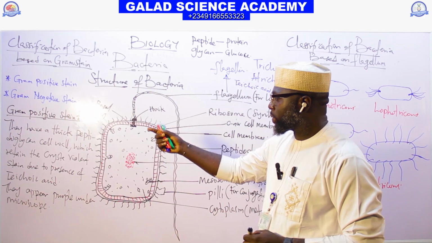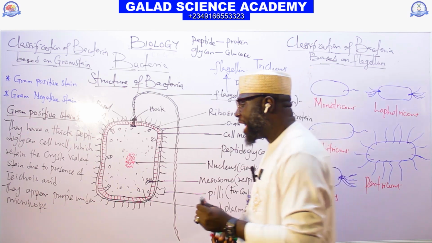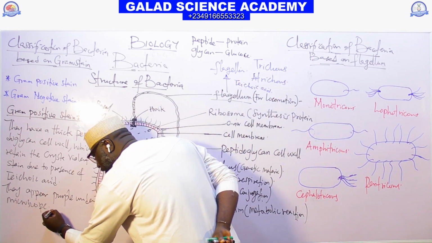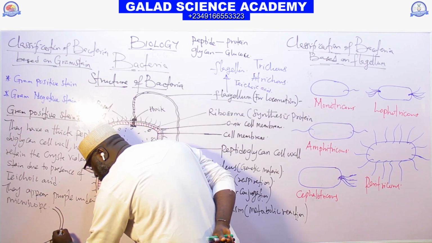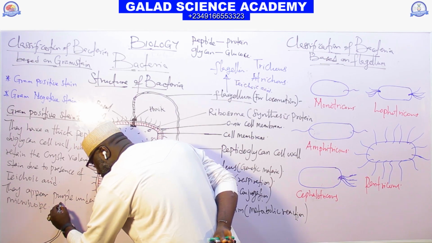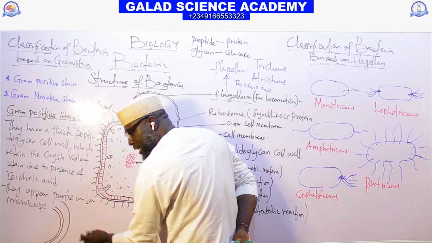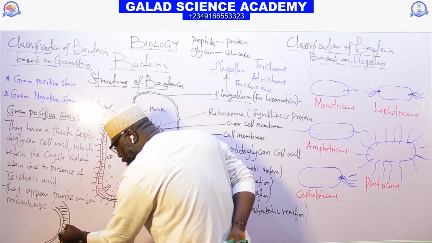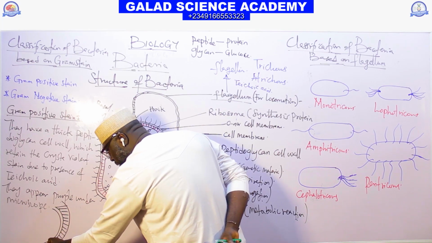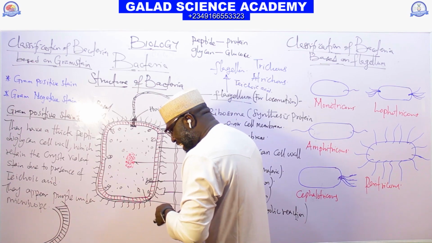Look at this gram positive stain bacteria. They have a thick cell wall. Assume this is the cell wall of peptidoglycan. Can you see it? The cell wall for positive stain bacteria is thick.